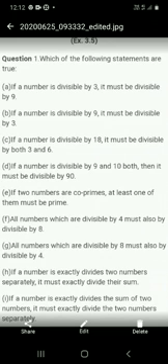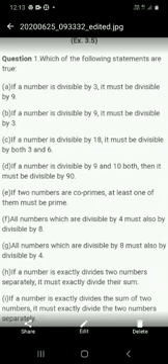Yes, true. Now E, if two numbers are co-prime, at least one of them must be prime. Your answer is false.